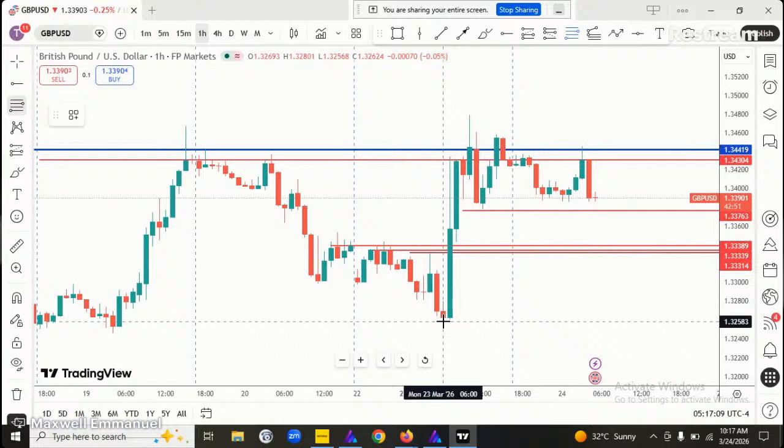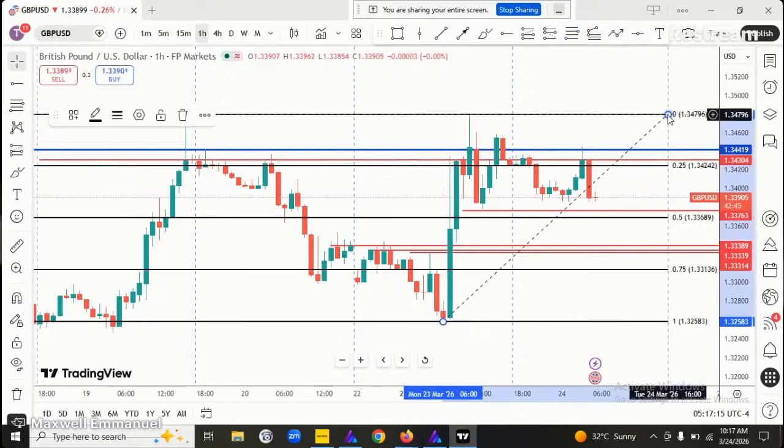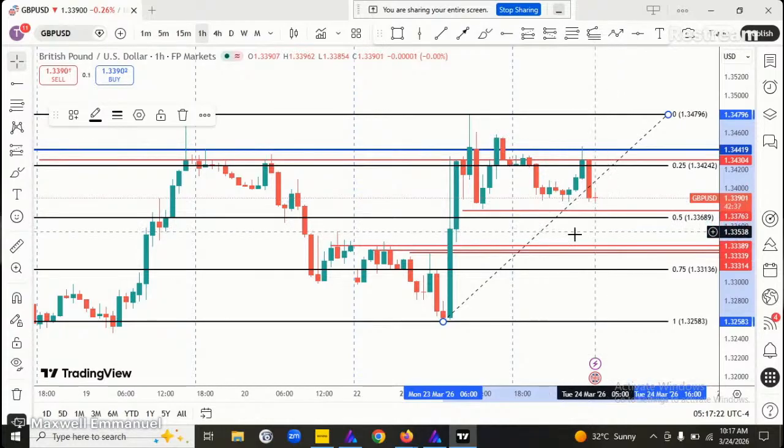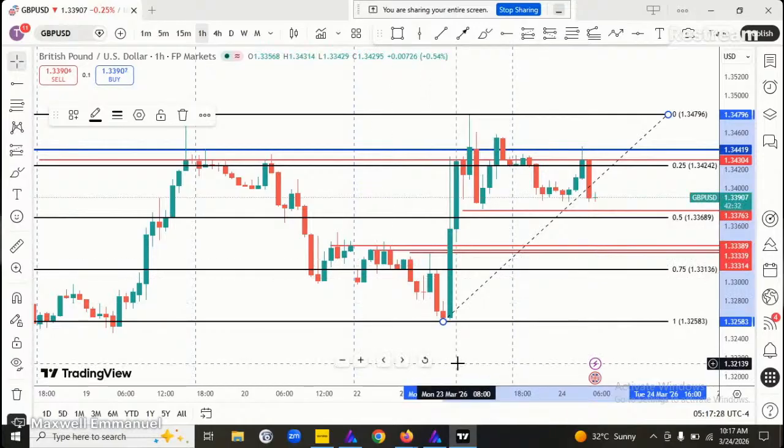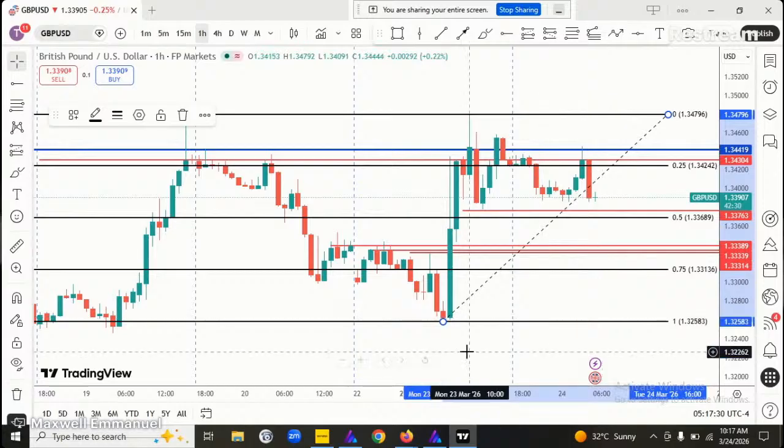So this is below Fibonacci level 50. So this is where I'll be considering looking for buys on GBP USD. I hope that is clear.